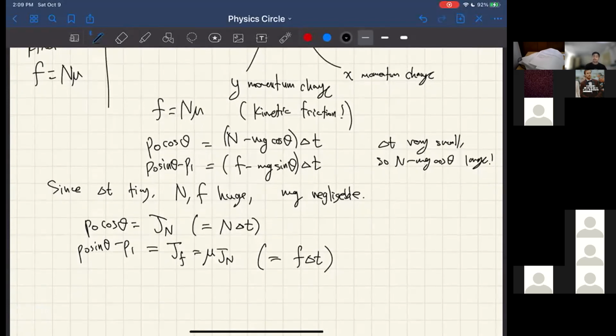So the reason we can ignore mg in this case is because it's acting over a really short period of time. The impulse is happening over a really short delta t, which is why mg provides negligible impulse compared to normal forces and friction forces.